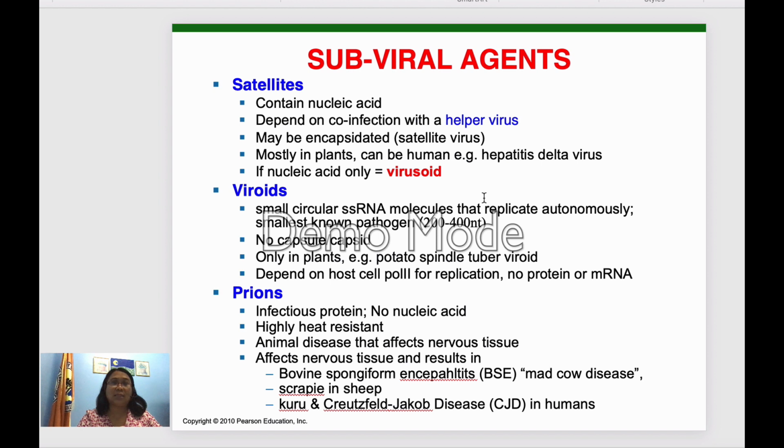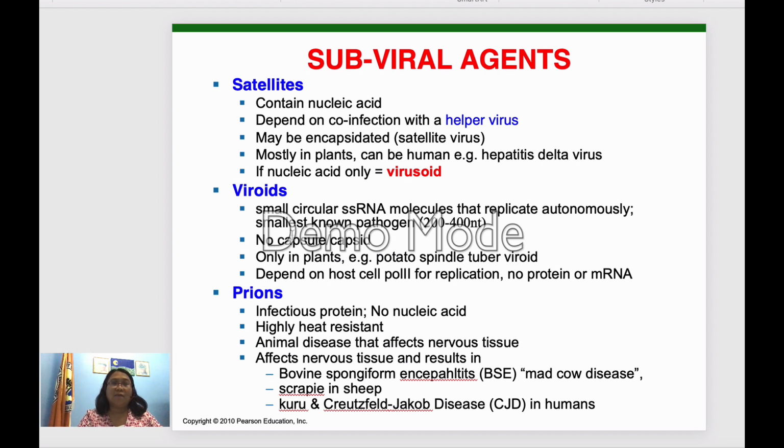In plants we have virusoids, and in humans we have hepatitis delta. This is the one that rides on hepatitis B so that it can get inside the cell, and it can also increase the virulence of hepatitis B.